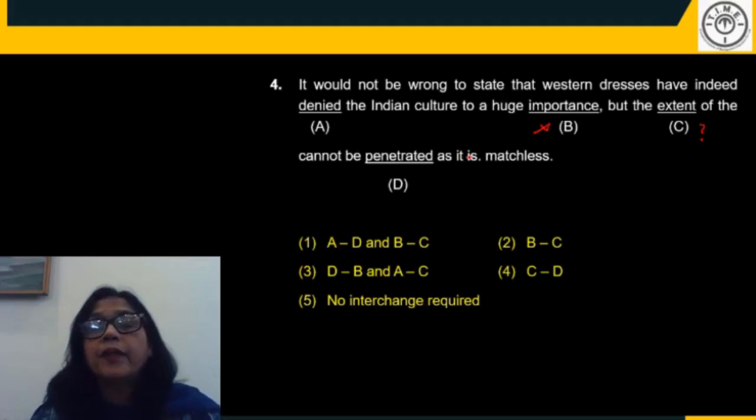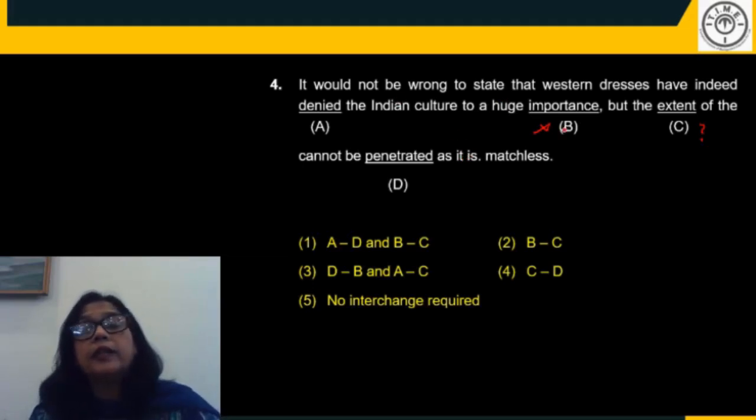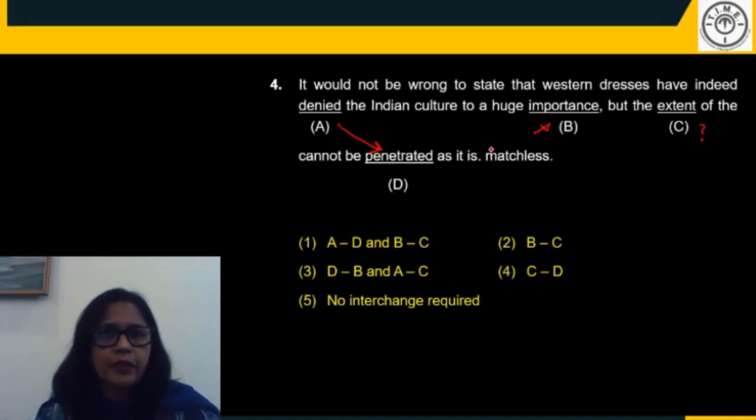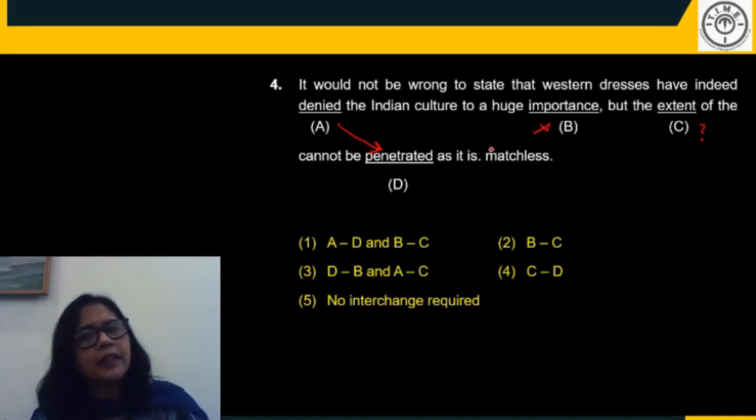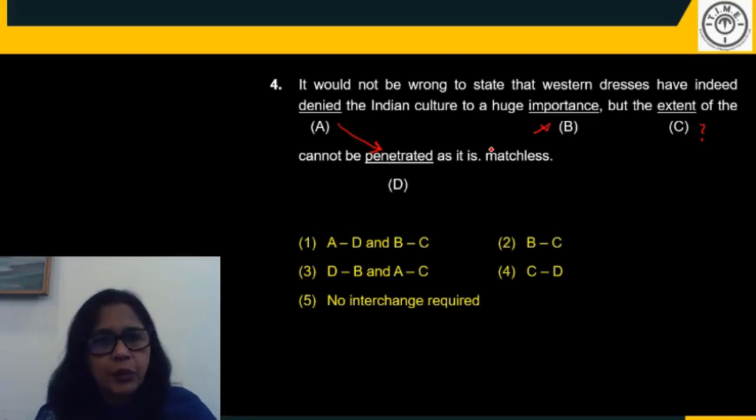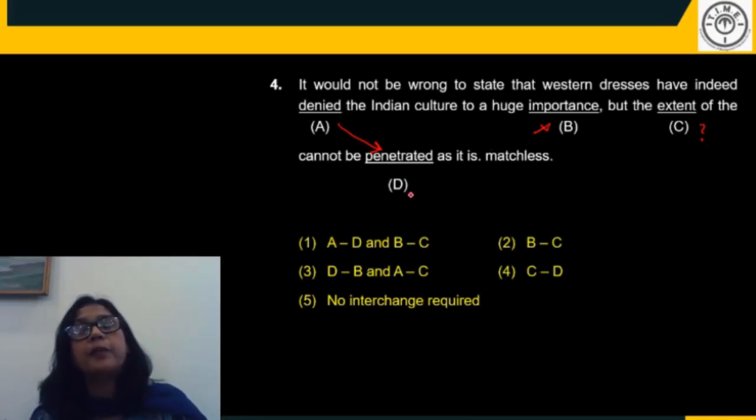Now let's see. The verb denied: cannot be denied. When we say this cannot be denied, that means it is definitely true. So it fits best in place of penetrated.